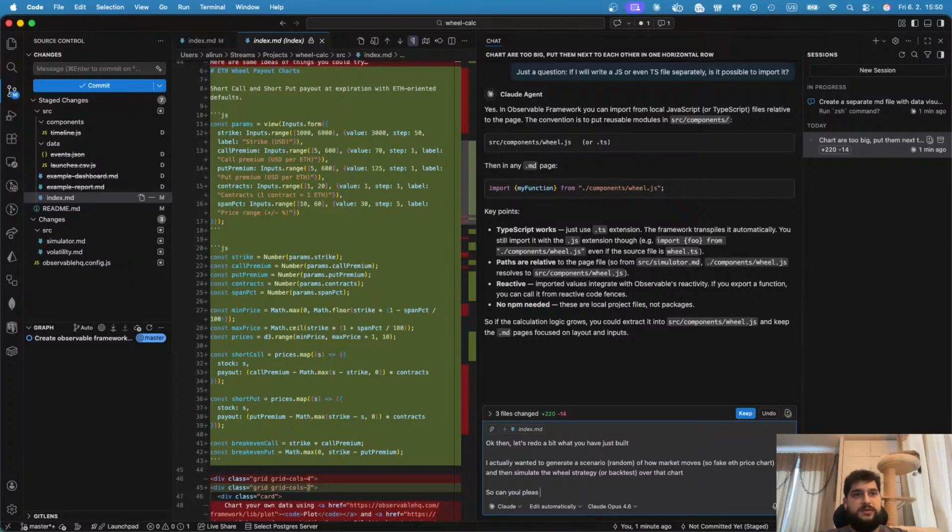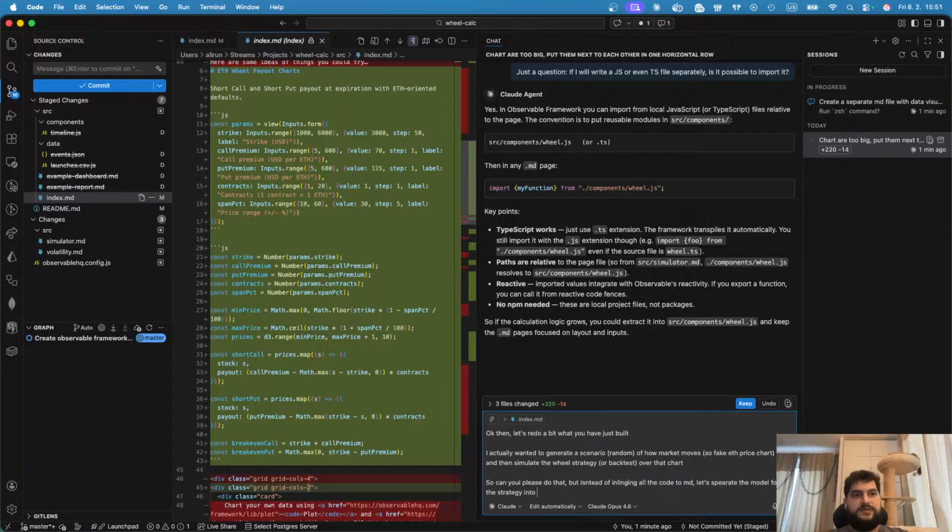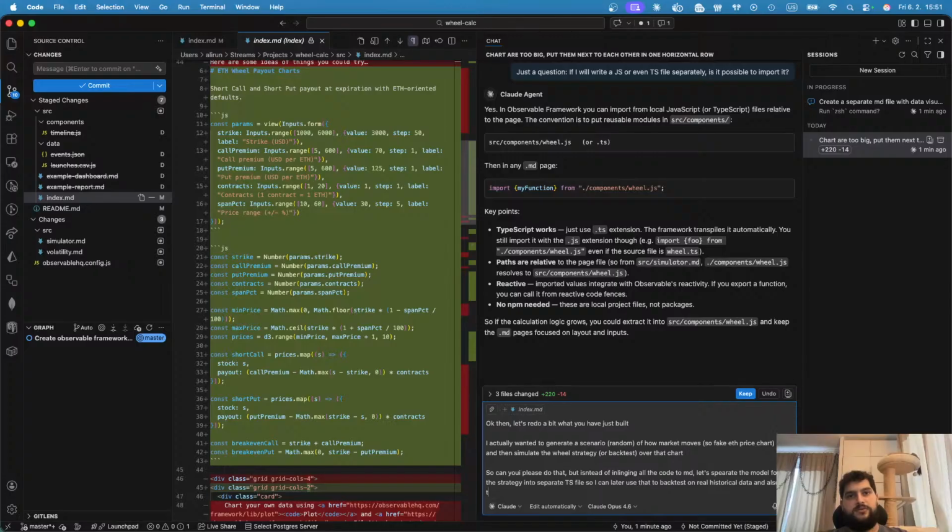So can you please do that, but instead of inlining all the code into the MD, let's separate the model for the strategy into separate files, so I can later use that to backtest on real historical data, and also to reuse it in production for the trading engine.